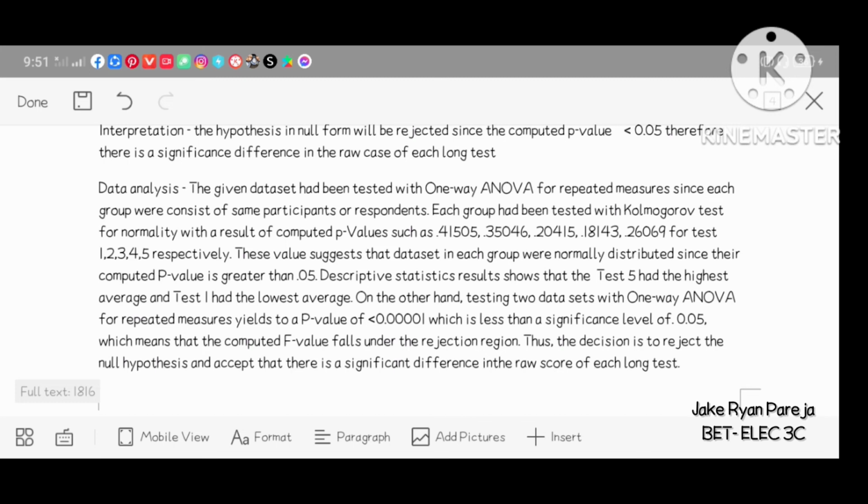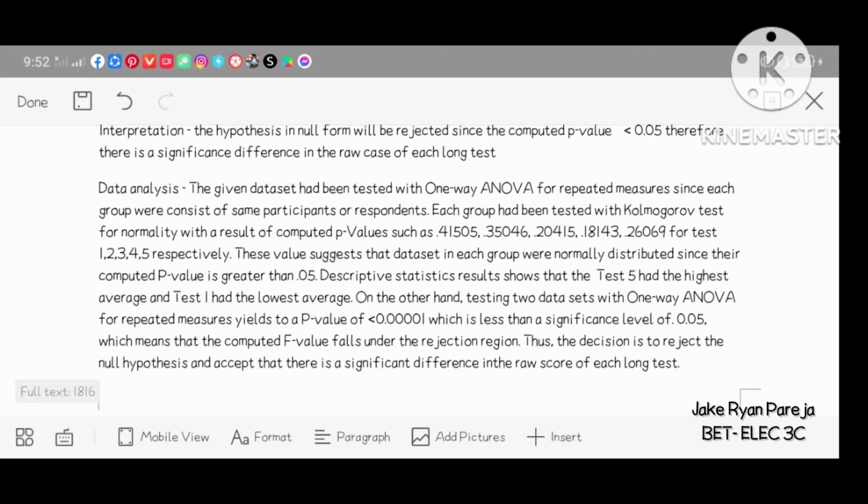Each group had been tested with the Kolmogorov test for normality, with computed p-values of 0.41505, 0.35046, 0.20415, 0.18143, and 0.26069 for tests 1, 2, 3, 4, and 5 respectively. These values suggest that the data in each group were normally distributed since their computed p-values are greater than 0.05.